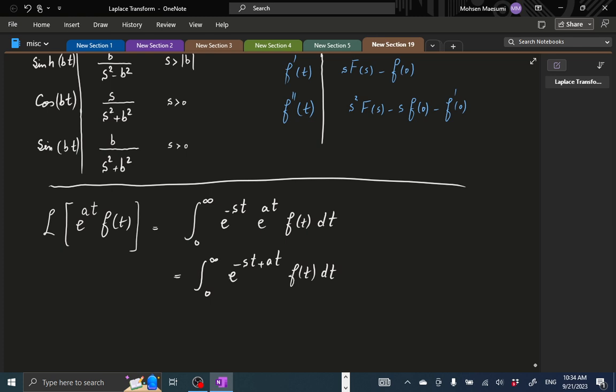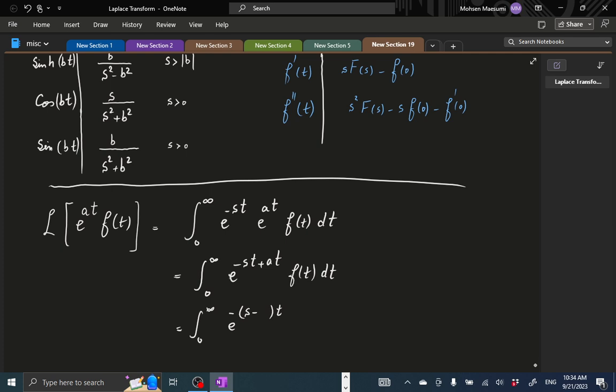Well, what can I do? Of course, I can factor a t here. So let's write this thing as the integral from 0 to infinity of exponential of, I put a factor of t. To imitate the general formula, let me also factor a minus.